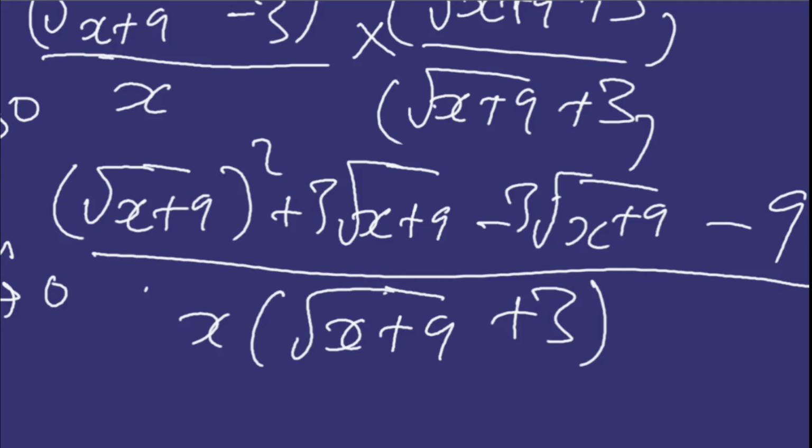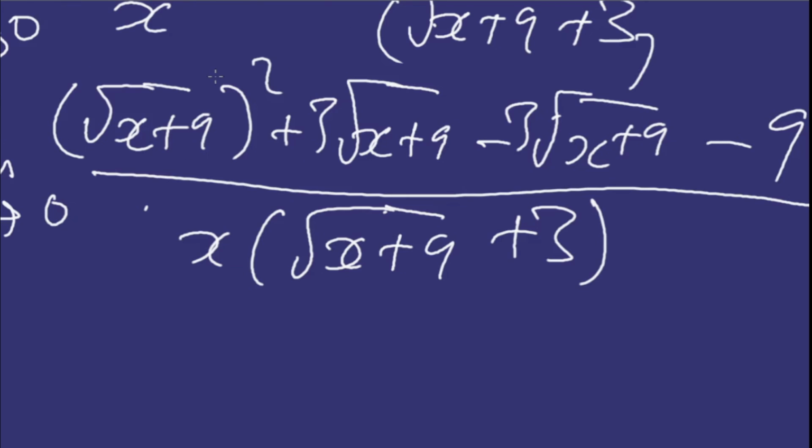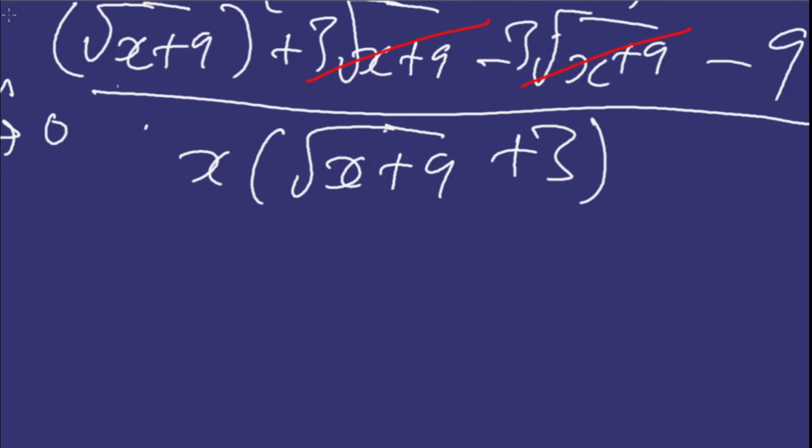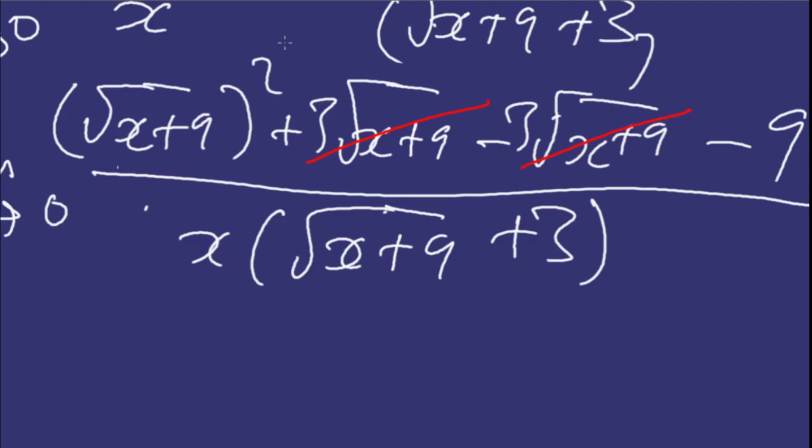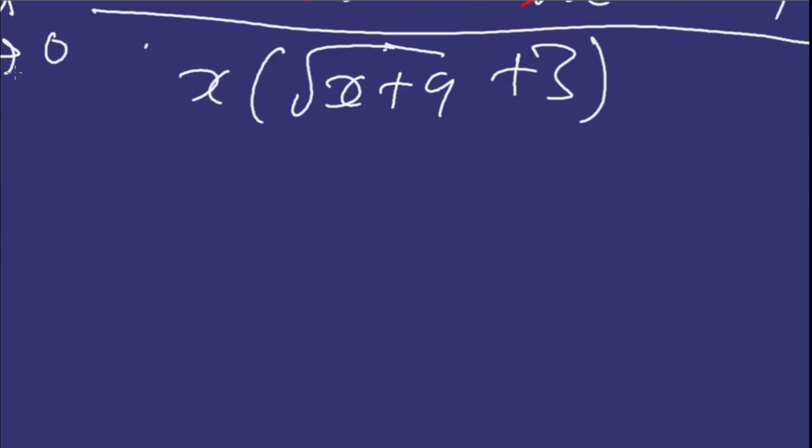Now you see, this and this will give you 0, and you can remove the square and this square root. Now let's rewrite.